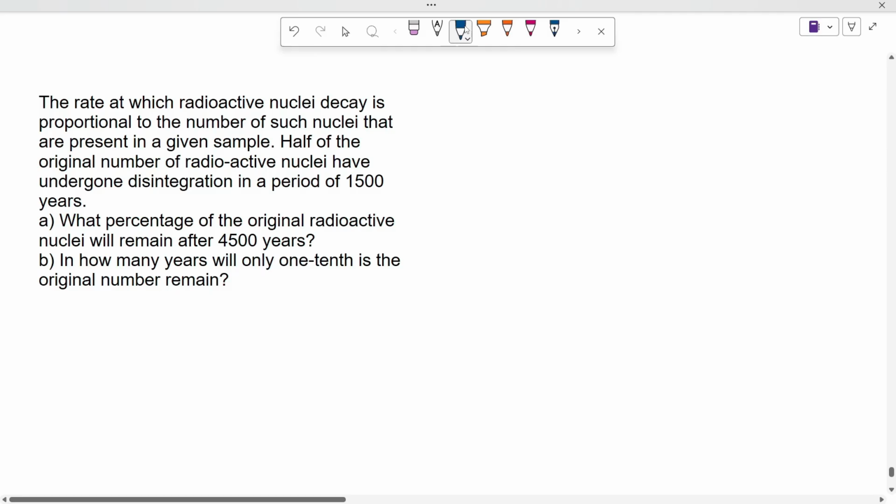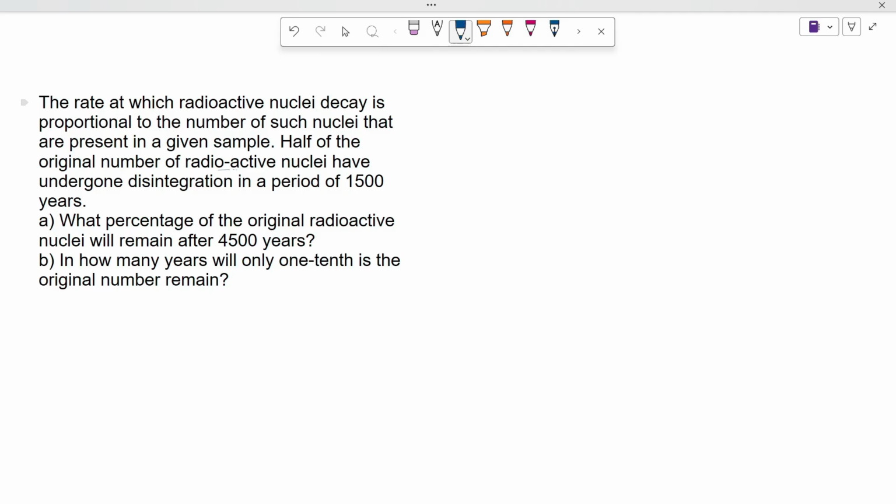Number 4. The rate at which the radioactive nuclei decay is proportional to the number of such nuclei present in a given sample. Half of the original number of radioactive nuclei have undergone disintegration in a period of 1,500 years.